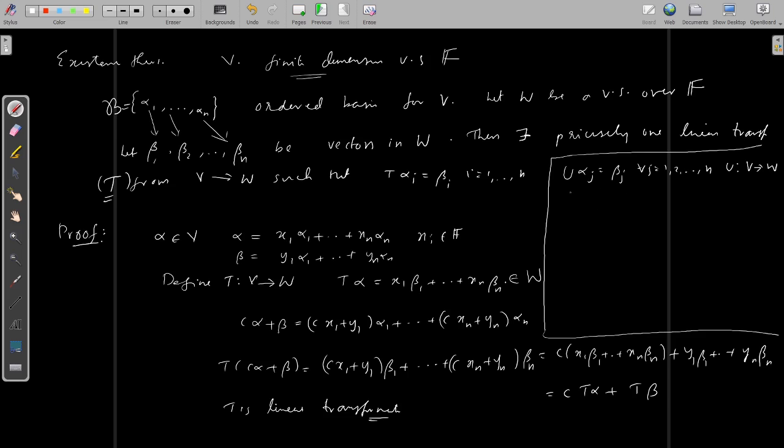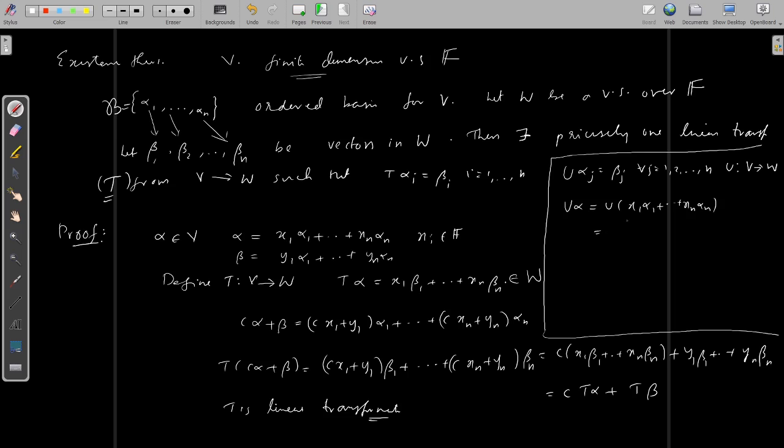Okay, so in order to prove this U is the same as T, we start from U of alpha, any element alpha. Then alpha can be written as x1 alpha 1 plus etc. xn alpha n.